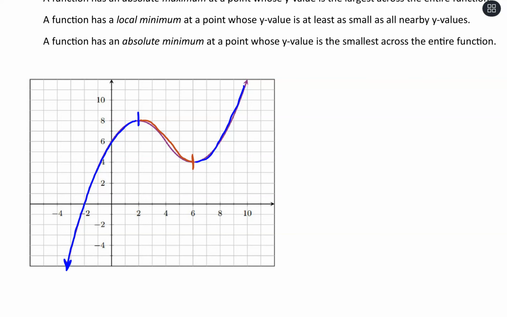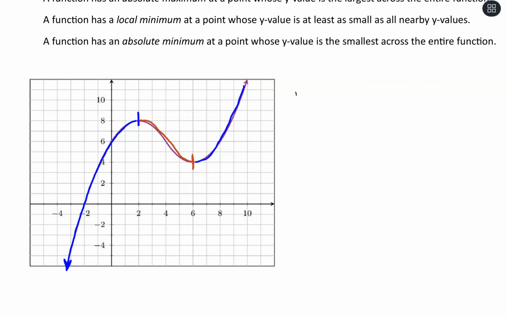Again, I'm thinking about the y coordinates, or the height of my graph, as I'm moving to the right. Like here we're at 6, there's a 7.3, here's an 8. So those y values were getting larger, but then when I move over here, I start at 8, then I'll be at 7, and then I'll be at 6. So those y values are decreasing.